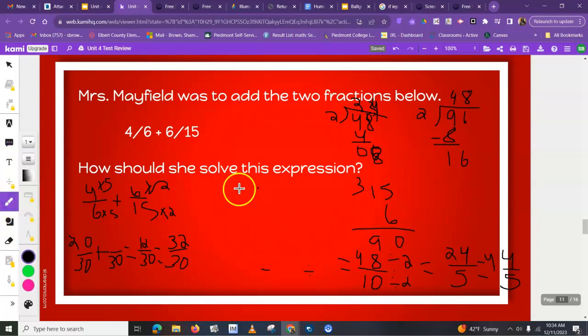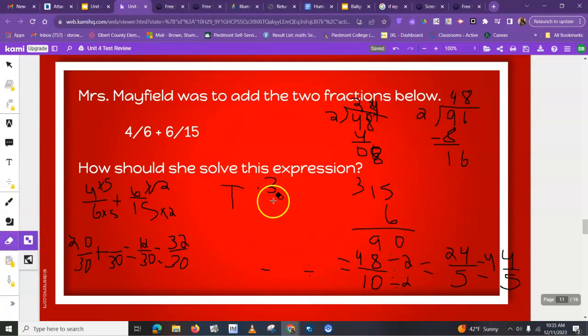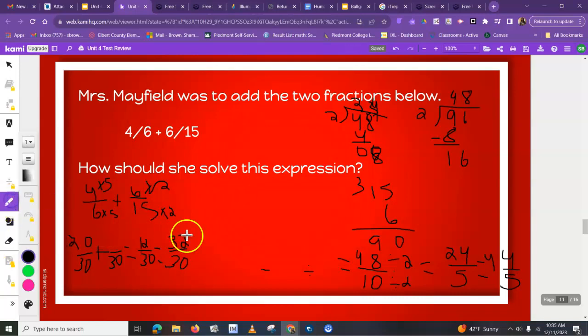I can do that by doing a T-chart for 32 and a T-chart for 30, or I could just go ahead and divide both of those by 2, because I know 2 is a factor for both. And then I could do it again if needed. So y'all just do that, that'll be quicker. So I could divide this by 2 and this by 2.